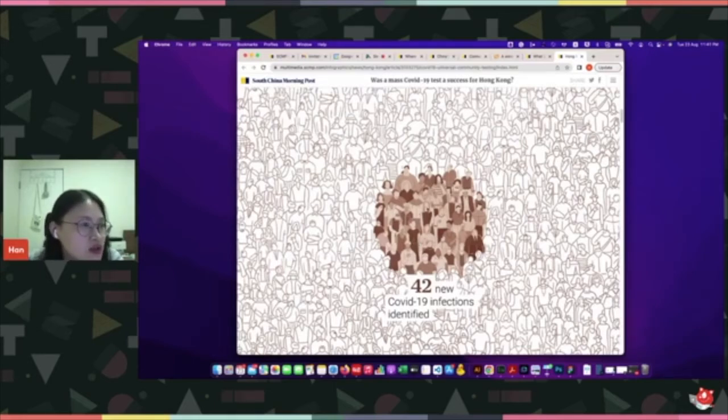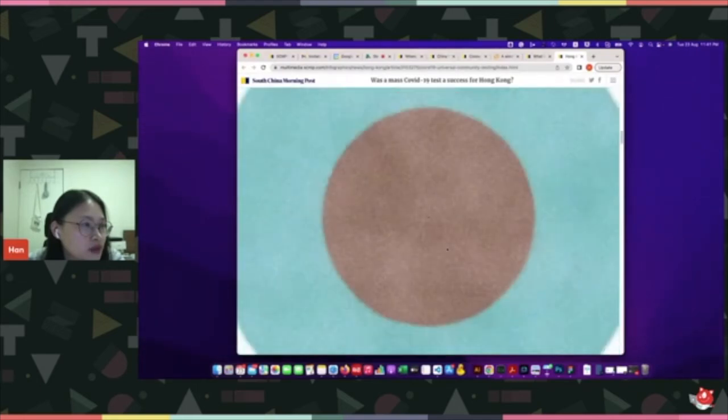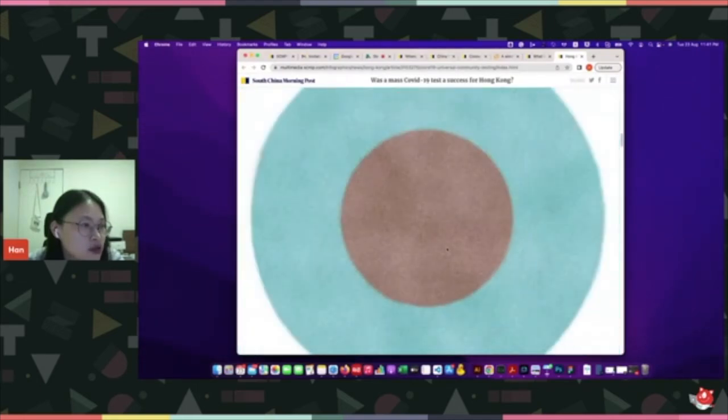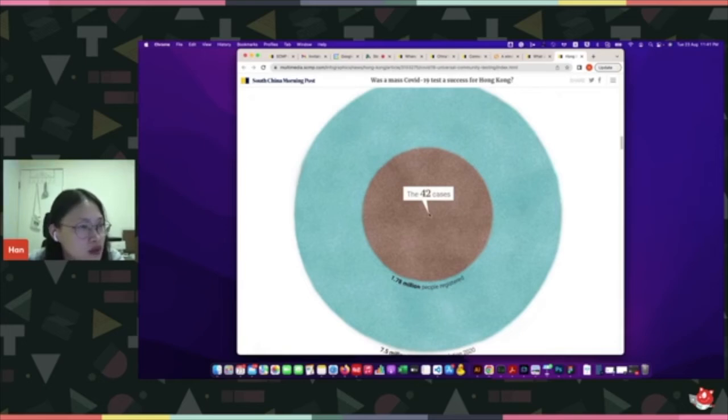It looks actually a lot if you compare with the people behind them. But if you keep scrolling and compare it with the people who registered for the mass test, they are 1.78 million people. So it looks like a tiny dot.